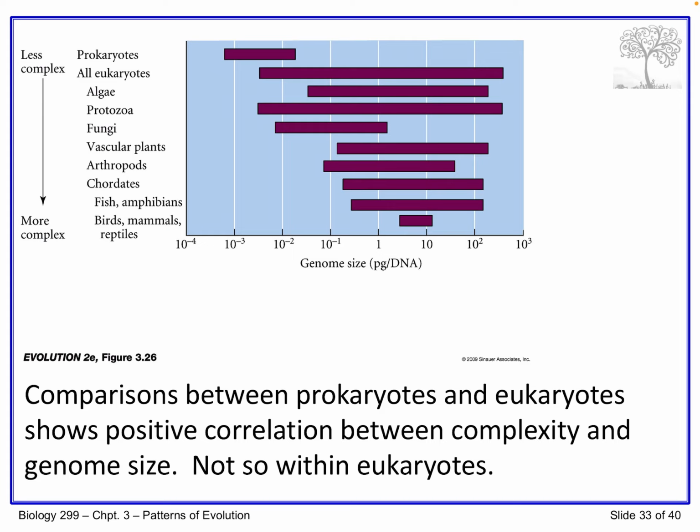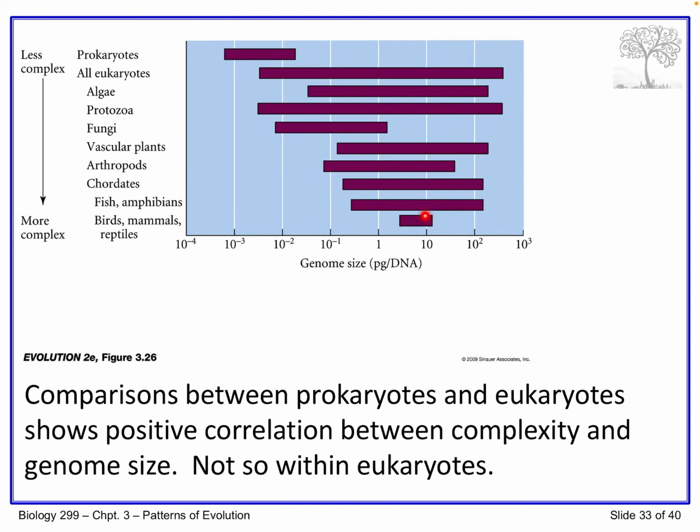First of all, if you compare the prokaryotes to the eukaryotes, prokaryotes do seem to have fewer genes, less DNA. That makes sense. Overall, the average amount of DNA in eukaryotes is higher than in prokaryotes. But when you look within eukaryotes, there does not seem to be a clear pattern.